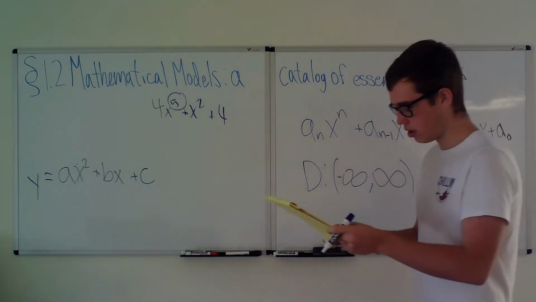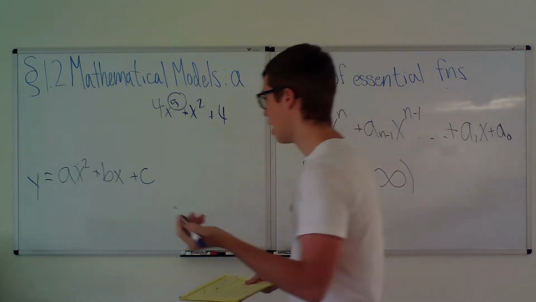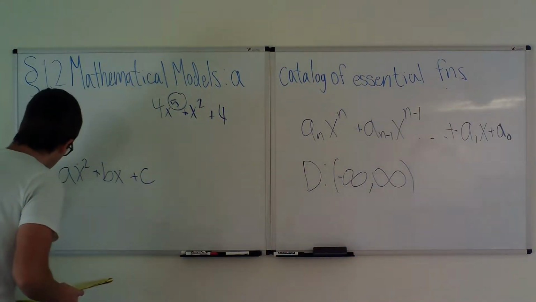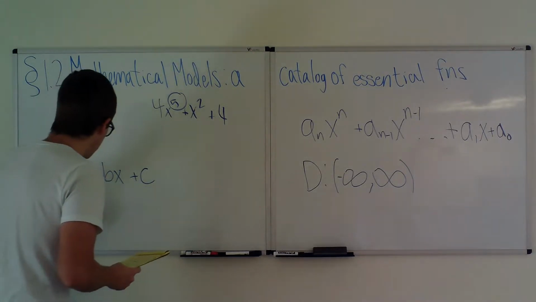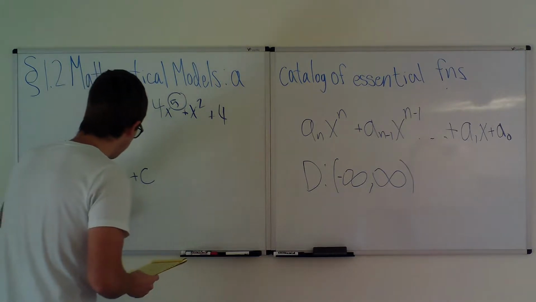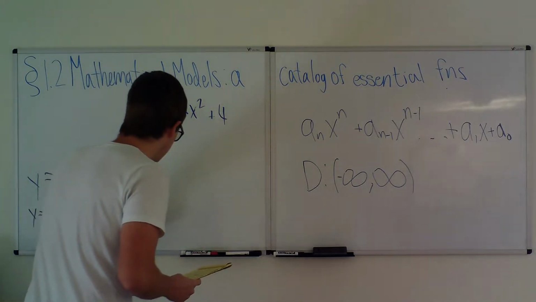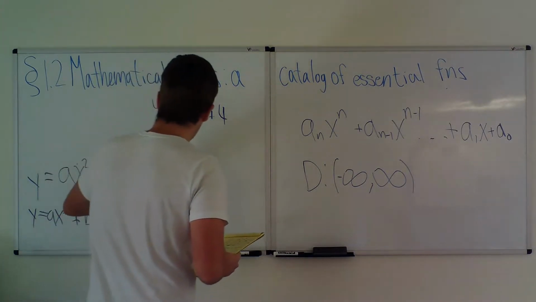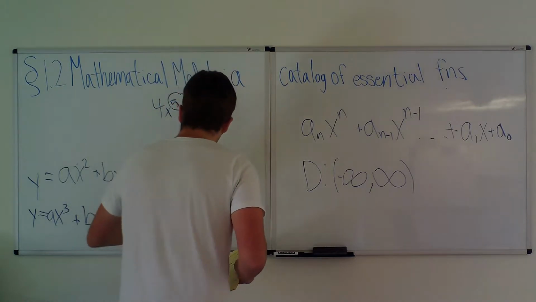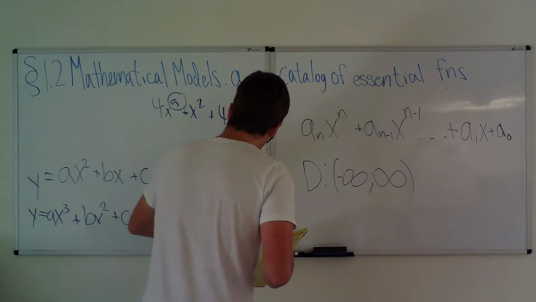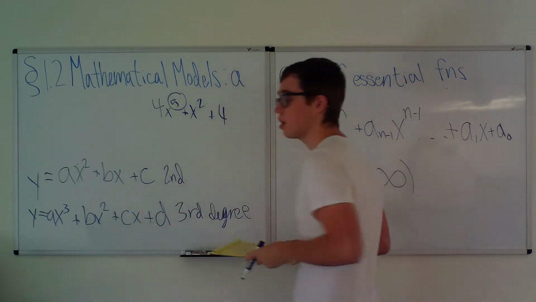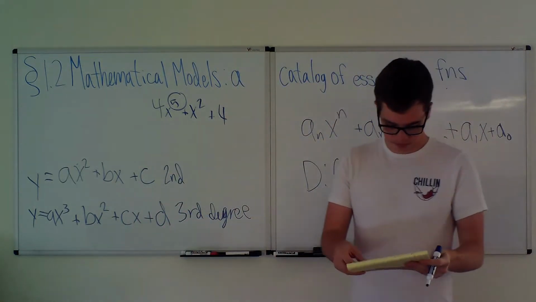And the third degree polynomial is called a cubic in the form ax cubed plus bx squared plus cx plus d. Alright, so those are polynomial models.